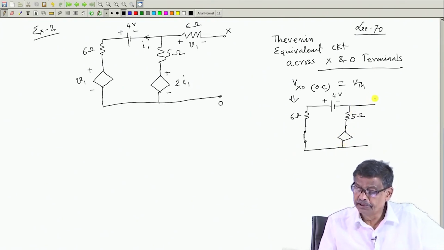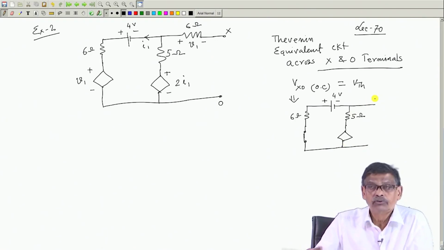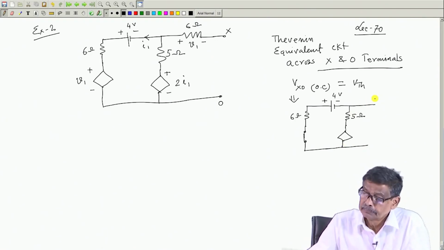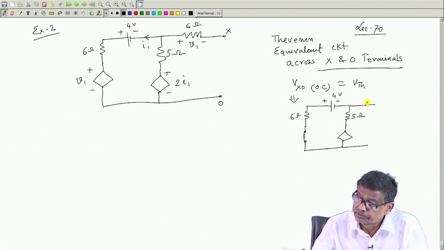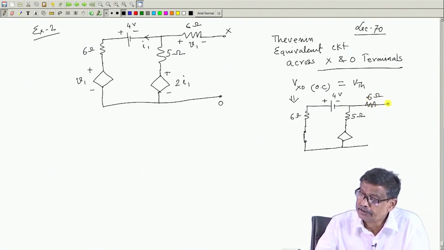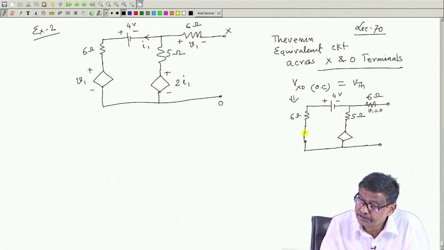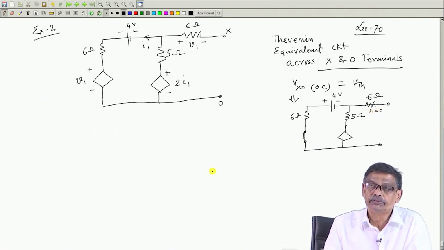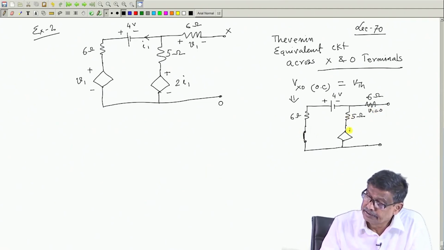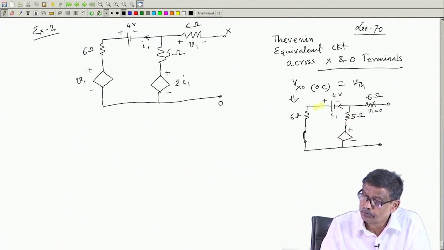To find V Thevenin, all the sources should be present, and I have taken all the sources. Here the 6 ohm resistance is also there. Of course, there is no current here, therefore no voltage drop. V 1 is equal to 0, that is why this is shorted. And this is 2 I 1. Is this current I 1 equal to 0? No, there is a closed path here, some current will flow, and this current is 2 I 1.